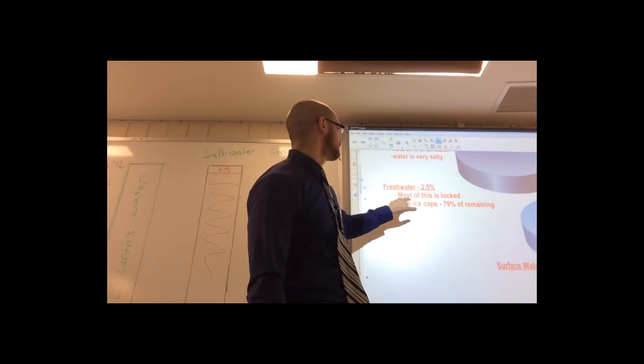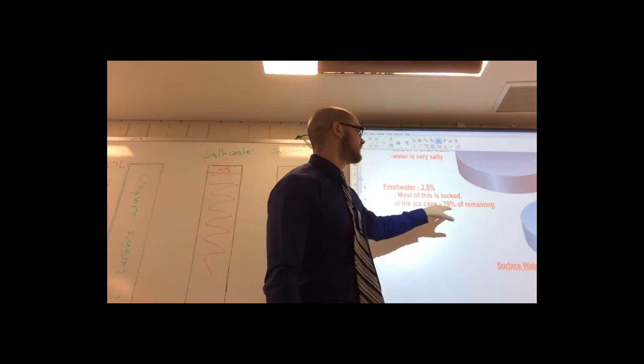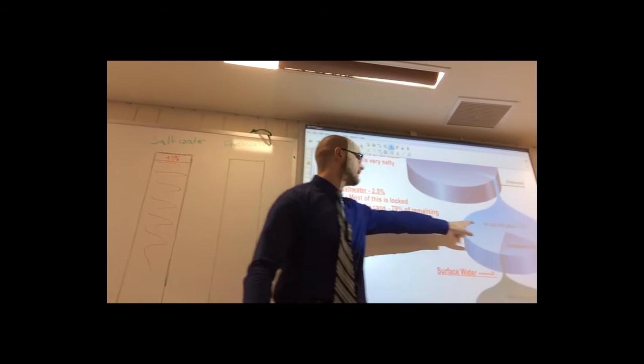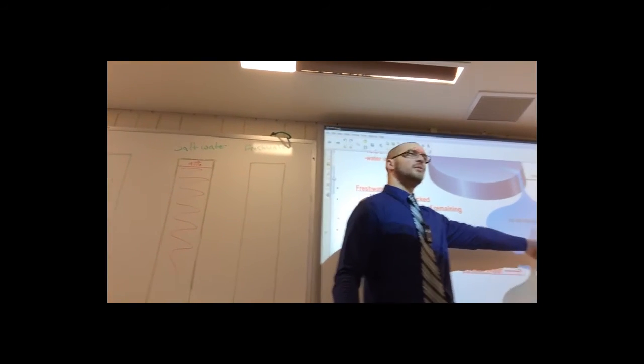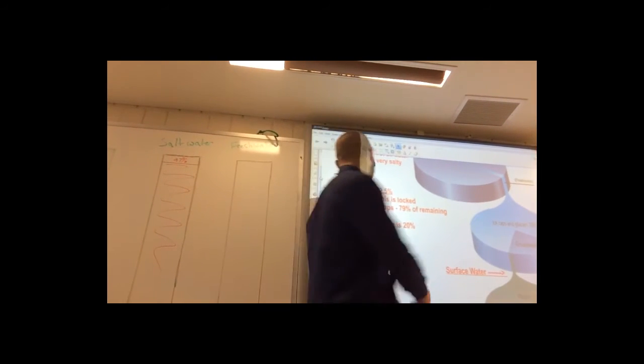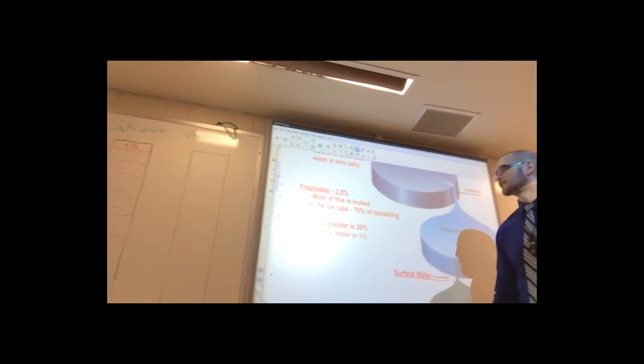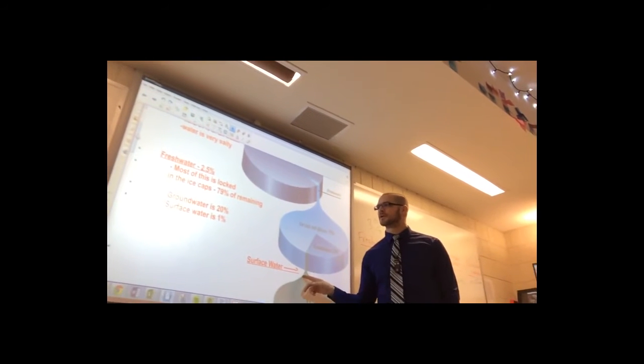Anyway, to catch up in the notes, freshwater, most of it's locked up in the ice caps, so almost 80% is locked in the ice caps. Groundwater makes up 20% of what remains. And surface water, then, is just 1%.